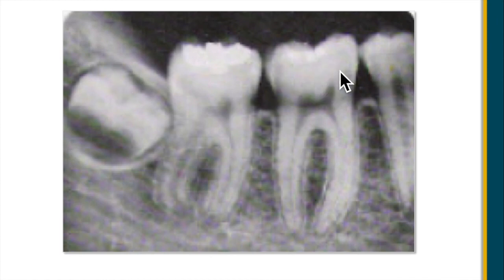Tooth number 30. That would make this one 29, 30, 31, 32. This is a developing wisdom tooth. It's not erupted into the mouth, still covered with bone, has no roots yet.